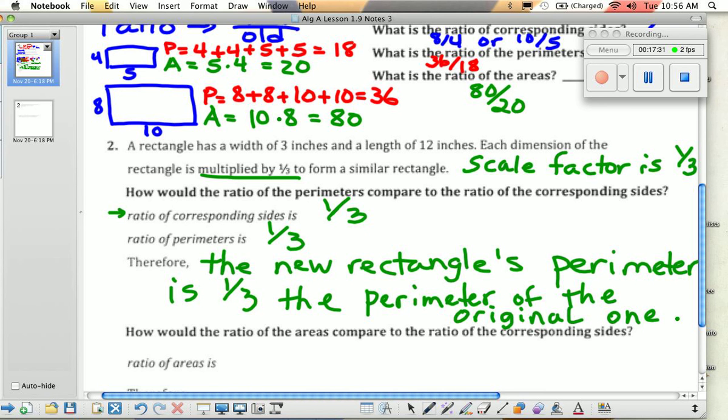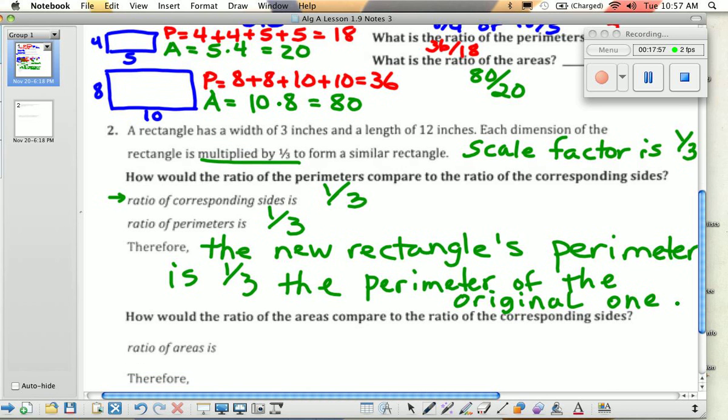Let's get that down. The perimeter changes by the same amount as the dimensions do. If the dimensions become 1/3 as long, so does the perimeter. That's what we just found out. We should have been able, from our conclusion, to do that without the picture, but that doesn't mean we can't draw it. We confirmed it with our picture. Okay?